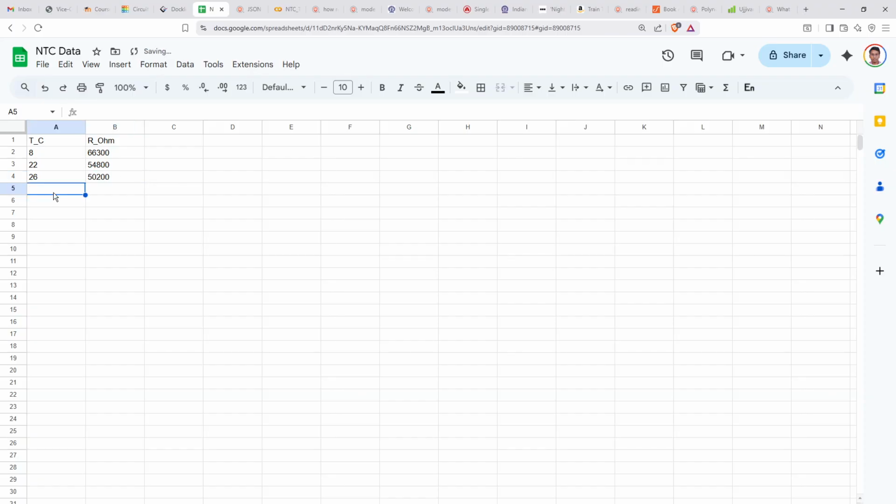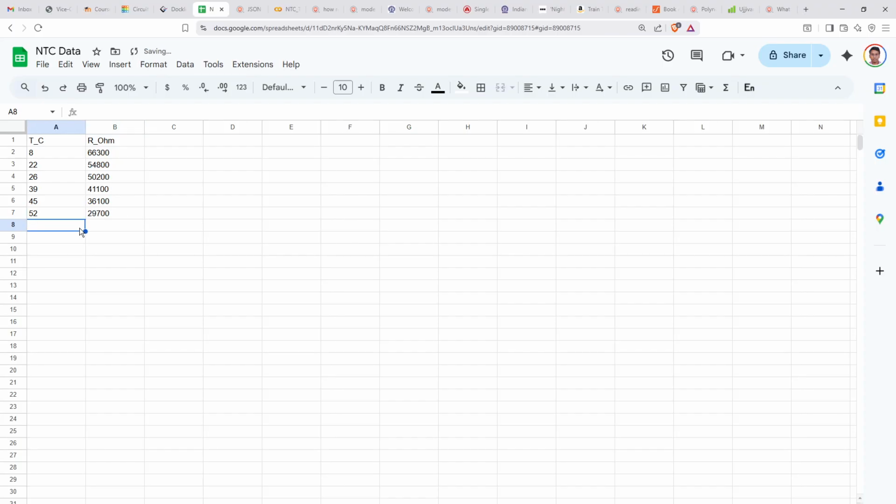At 26 degrees Celsius, it is 50,200. At 39 degrees Celsius, it is 41,100. At 45 degrees Celsius, it is 36,100. At 52 degrees Celsius, it is 29,700.